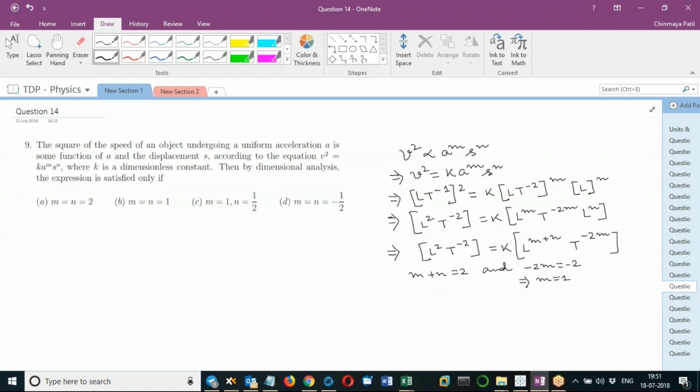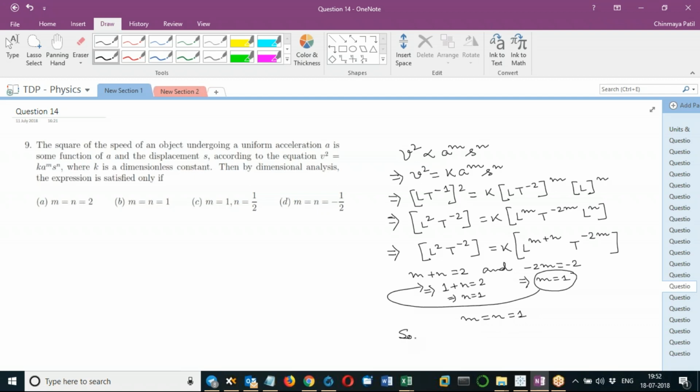If I write that value back, we get 1 plus n is equal to 2, which gives n is equal to 1. So we get m is equal to n is equal to 1, and that is option B.